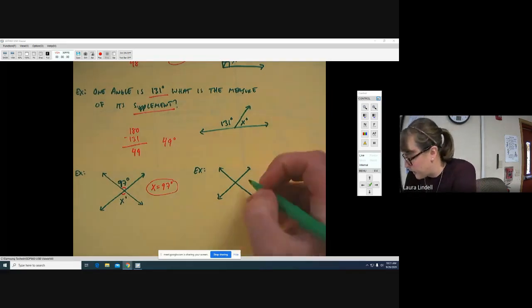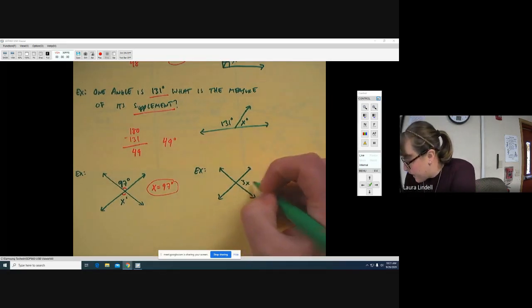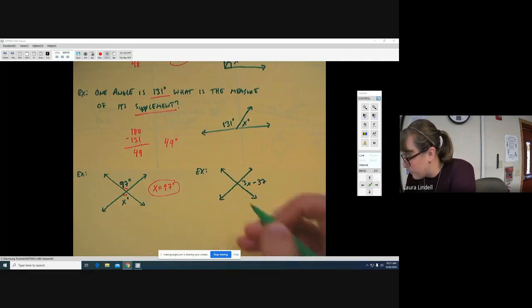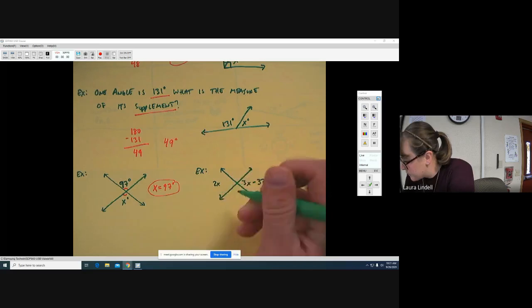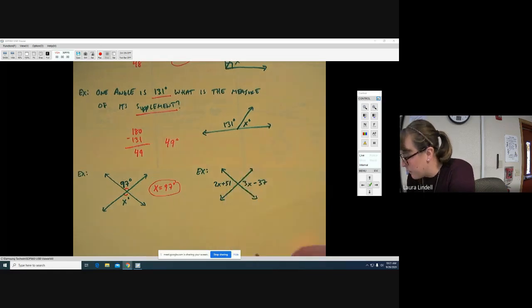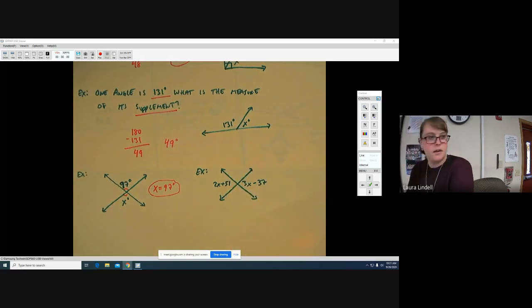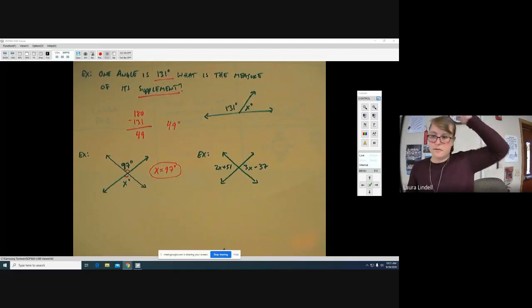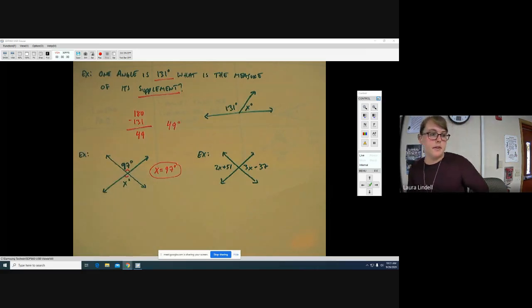So we'd have like 3x minus 37 and 2x plus 51. So we might see a problem like this.